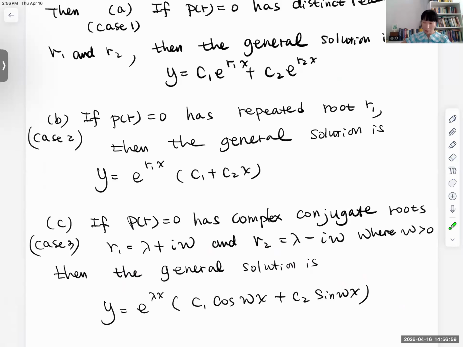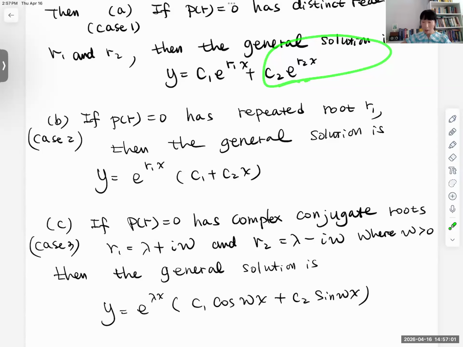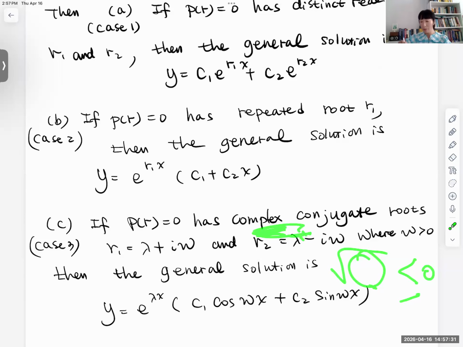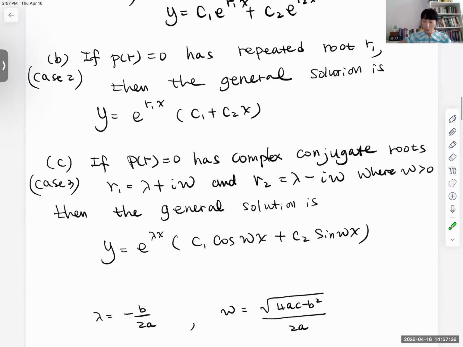In that case, inside the square root, which we call the discriminant, if it is less than 0, there are two complex conjugate roots. Make sense? Okay, this is a review from 5.2.